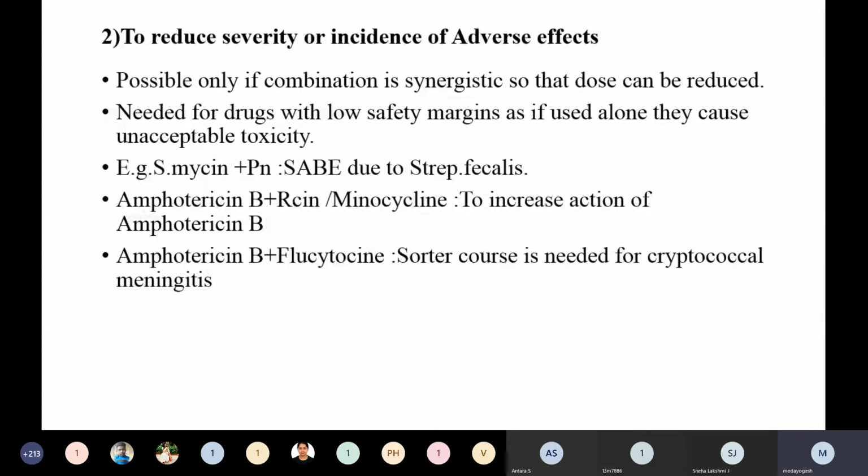Penicillin has a high therapeutic index. It is a safer drug. So you combine these two drugs, thereby reducing the dose of streptomycin. This combination is used again for the treatment of SABE caused by Streptococcus faecalis.